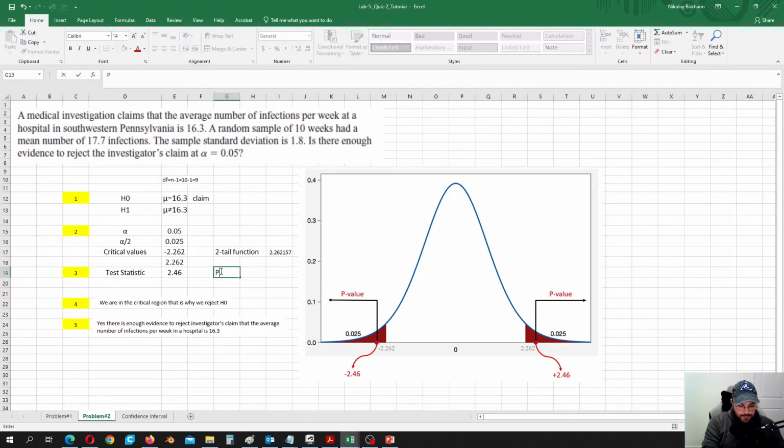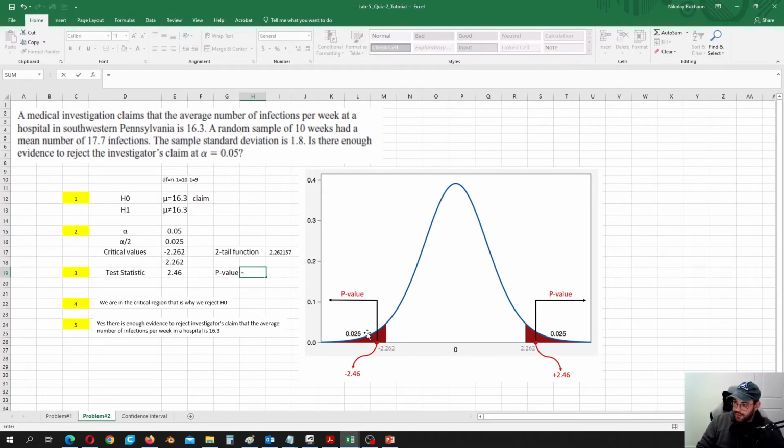Our p-value is equal to, let's take this tail, because here we can right away calculate the tail. Here we use the t-distribution, since the standard deviation of the population is unknown. If the standard deviation of the population is unknown, we use the t-distribution.